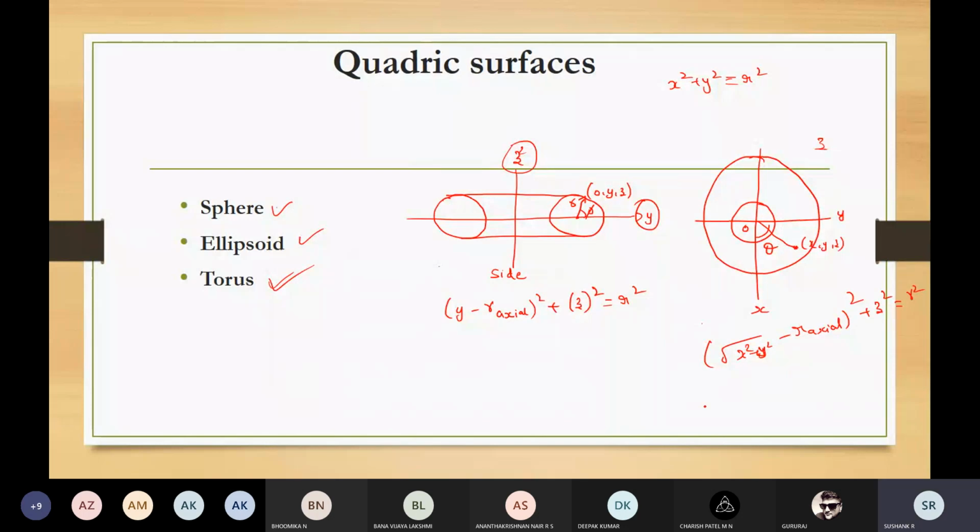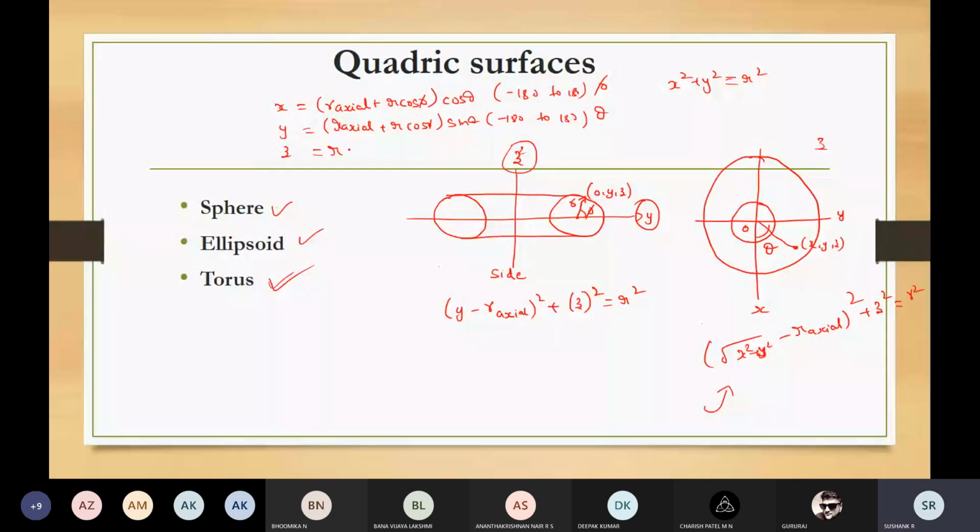What are the corresponding parametric equations? The parametric equations for x, y, z are: x is given by r axial plus r cos phi cos theta, ranging from minus 180 to 180, and y is given by r axial plus r cos phi sin theta. Here the value of phi ranges from minus 180 to 180, and theta ranges from minus 180 to 180 degrees, and z is given by r sin phi.